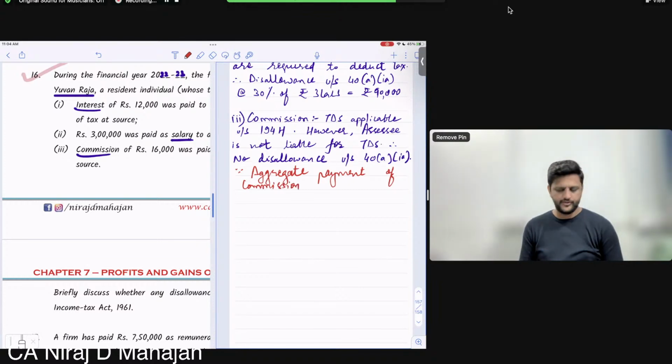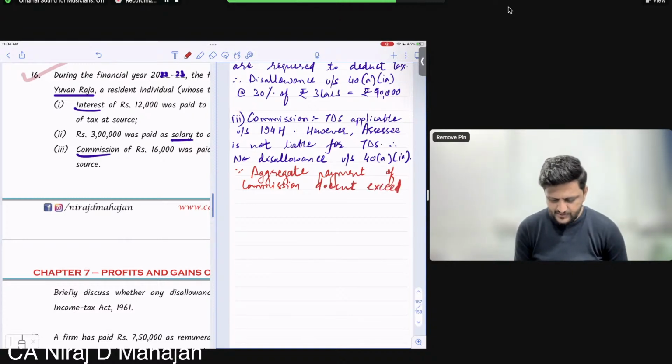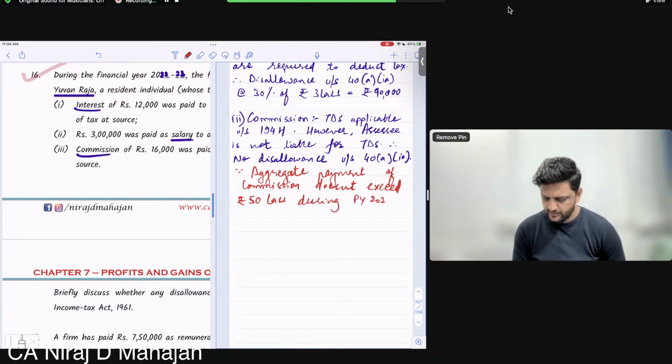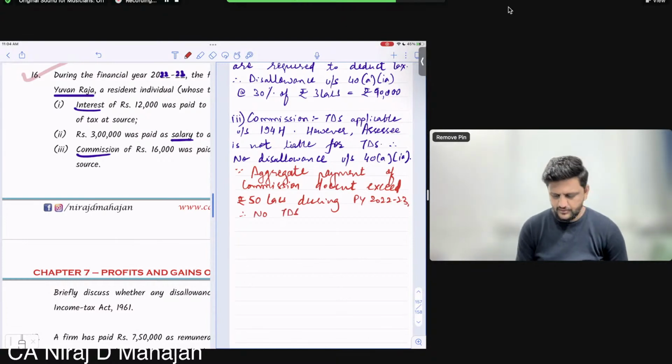Since aggregate payment of commission doesn't exceed rupees 50 lakhs during PY 22-23, therefore no TDS under section 194M.